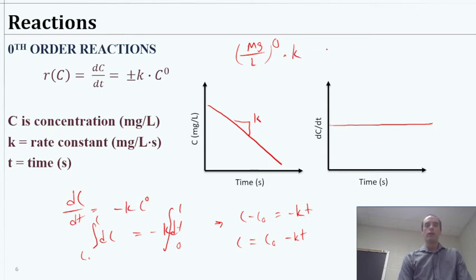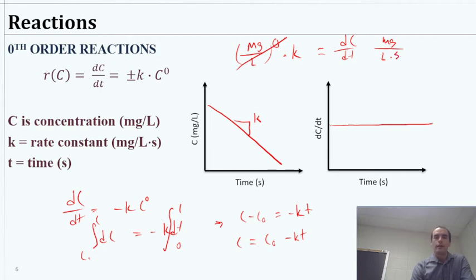Whatever units are here, which those went away, so k has to capture all of the units for dC/dt. So that means k has to have the units of milligrams per liter per time, and I'll just give it seconds here. This is just a case example. It could be some other concentration. It could be kilograms per cubic meter per hour, but whatever these are, that's going to be the units for k for a zero order reaction.